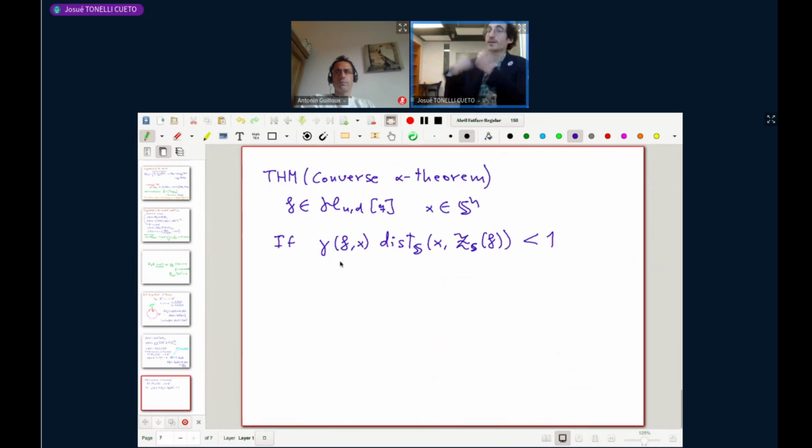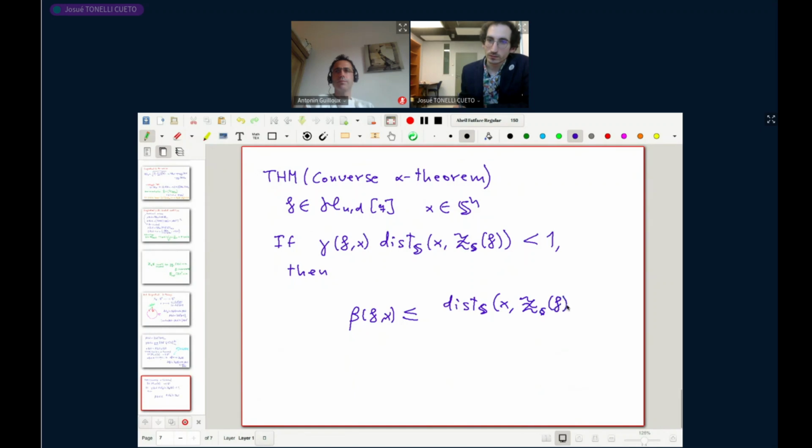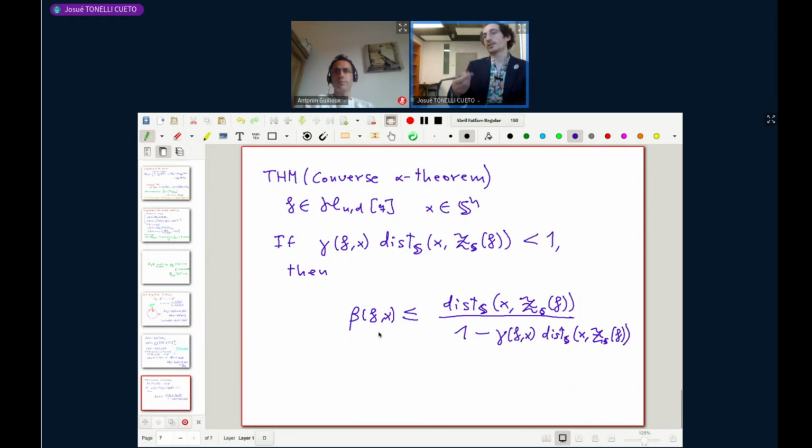Now I'm saying the reverse of that: if the conclusion of the converse alpha theorem holds, a little bit stronger, then, and this is the important thing, beta f,x is less or equal than the distance to the zero set of f divided by 1 minus gamma f,x times the distance.